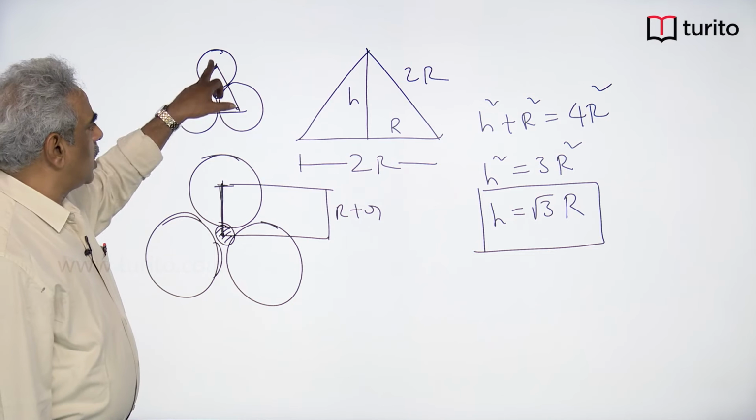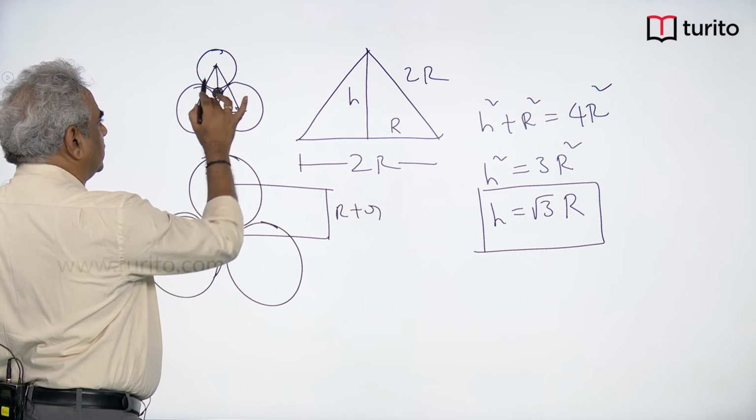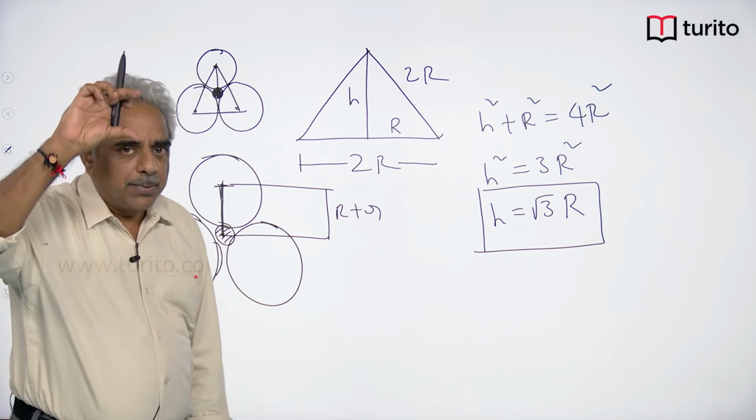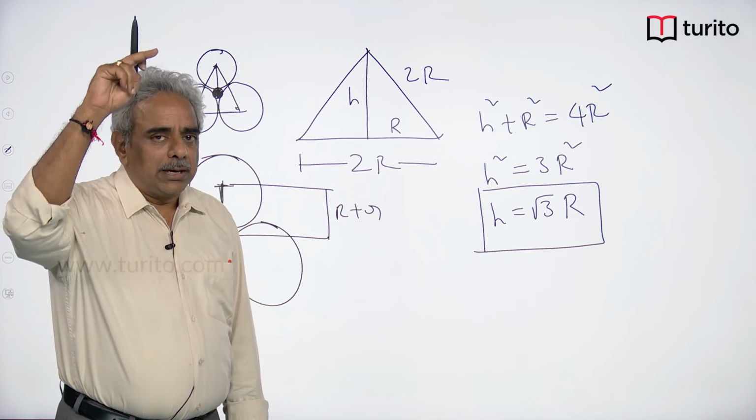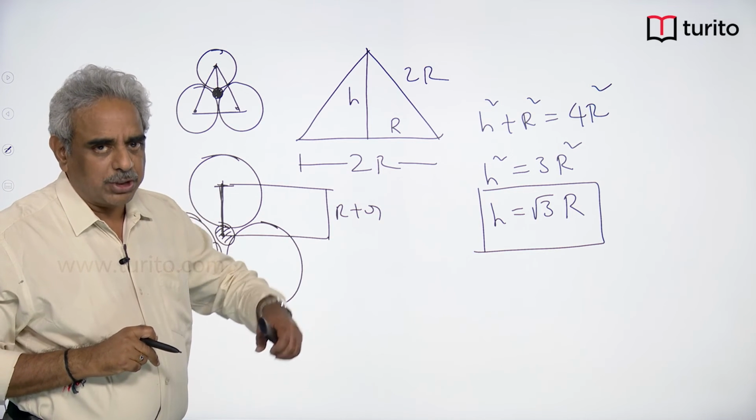But we do not want that height completely, we want only this part of the height, the major part. The centroid divides the vertical line in 2:1 ratio.